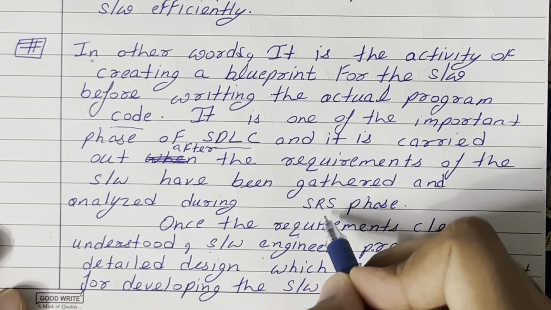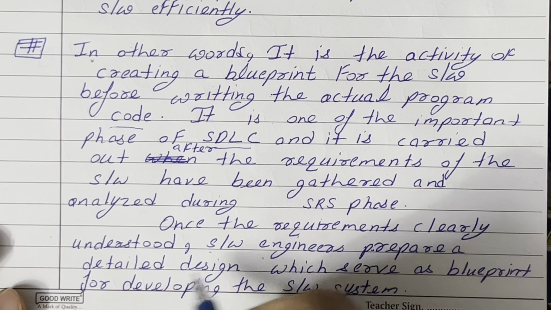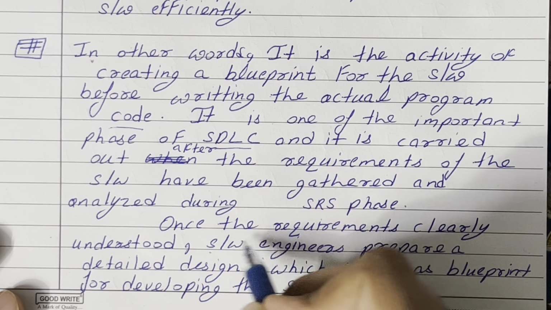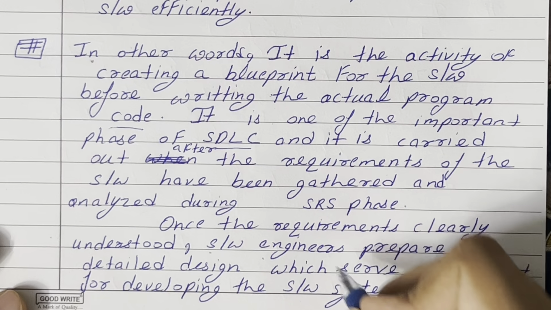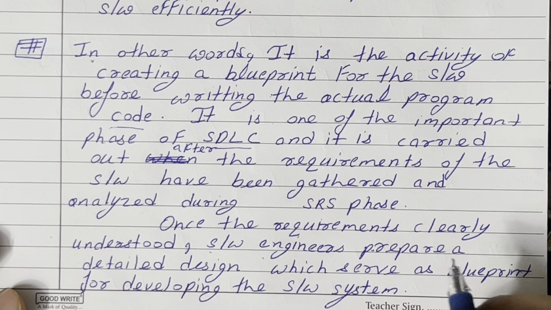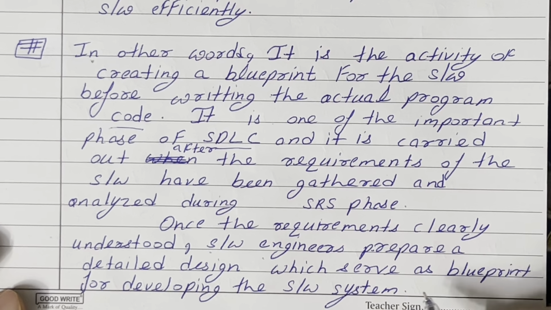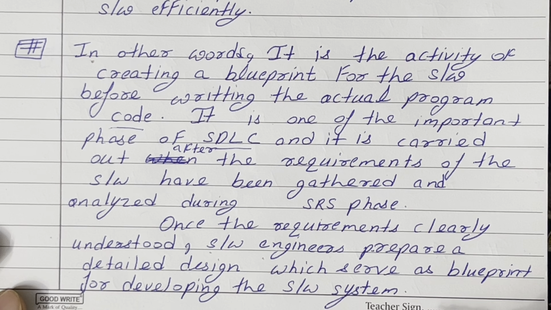We already covered that question, what is SRS. You can see that video. So once the requirements are clearly understood, the software engineer prepares a detailed design which serves as the blueprint for developing the software system.